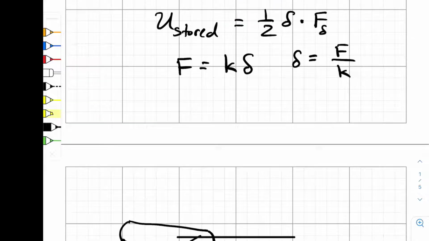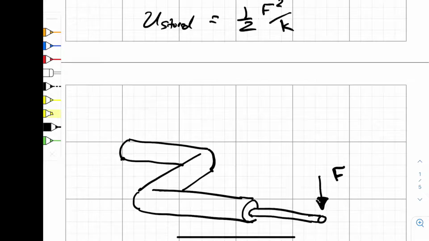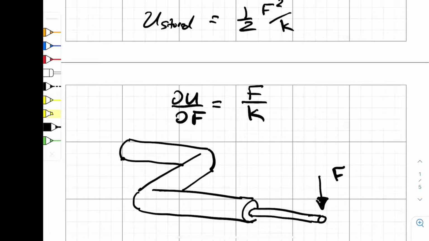This is going to seem a little bit silly, what I'm going through here, but the stored energy then is going to be equal to 1/2 F squared over k. And if we take the partial derivative of that stored energy with respect to the force F, that is going to be equal to F over k, which goes right back to our definition of the linear spring. F over k is equal to the displacement.